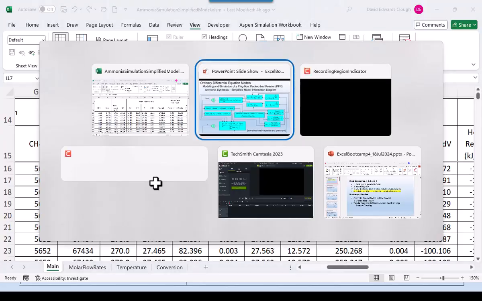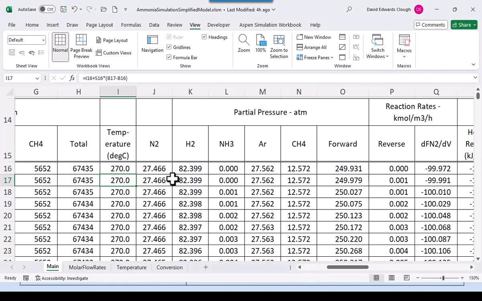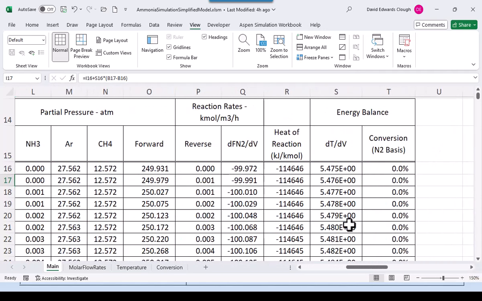And this all goes back to this drawing where we're computing the rate of change of temperature. And then we come across here, we have the same thing, and we come over, get our heat of reaction. This is an operational formula from above, and then eventually we can start tracking conversion.